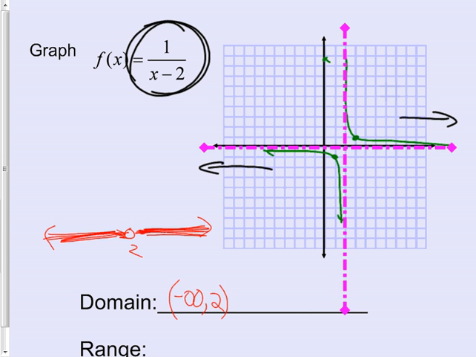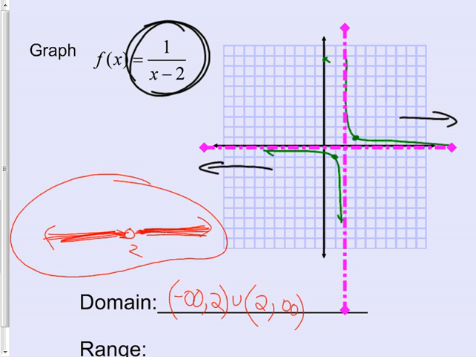And then I start again another one and say from there it works from 2 to infinity. And whenever you have two intervals like this, you put a little U in between them and say union. So this number line is so much easier to understand. Everything works except 2. But you have to be able to write it in interval notation. So interval notation would look like that.